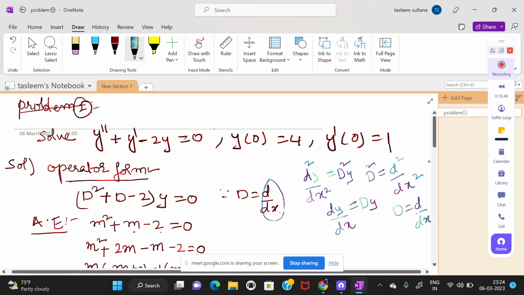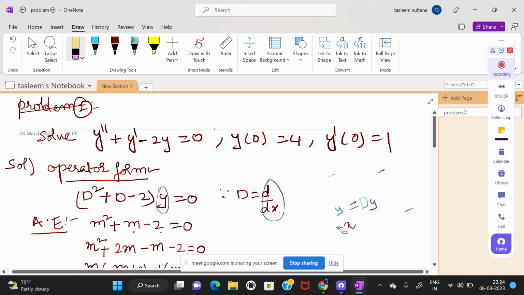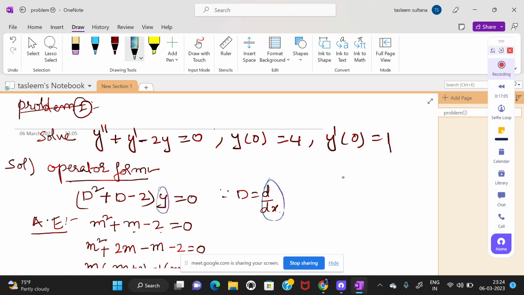Y you write completely outside, taking d square as common. When you represent this in differential equation form, d stands for d by dx: d square y by dx square plus dy by dx minus 2y equals 0.